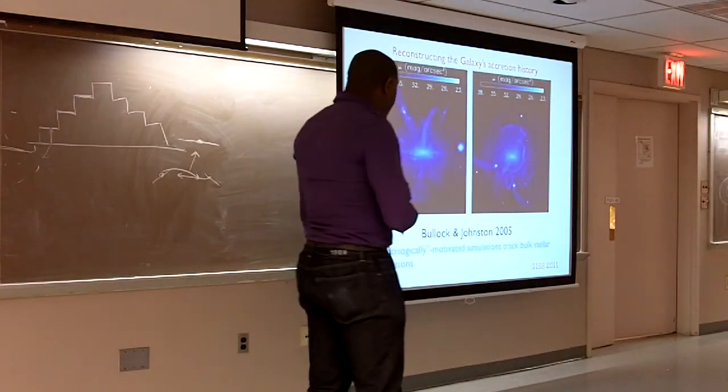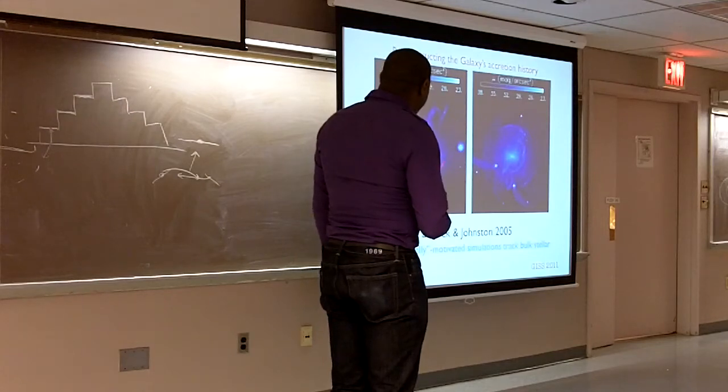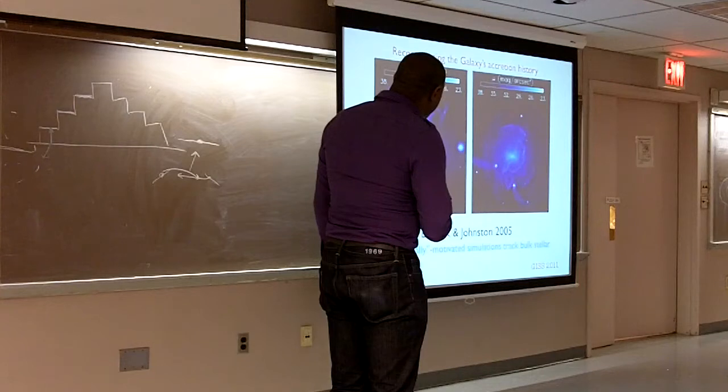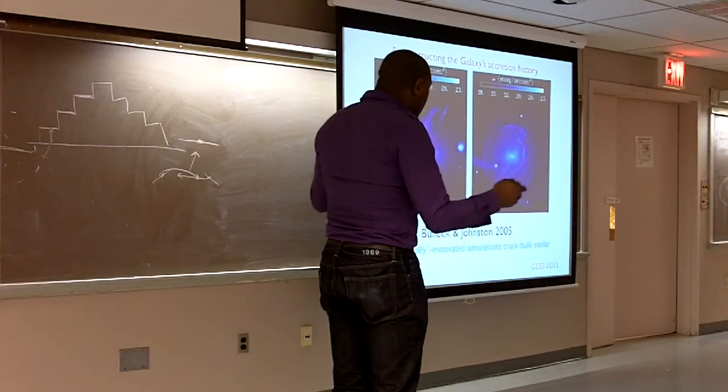So this is a snapshot from those same simulations that I showed you before, and this is just once again to point out that we do in fact see these features in the simulations, that closer in you start to get maybe more of a smooth halo distribution.